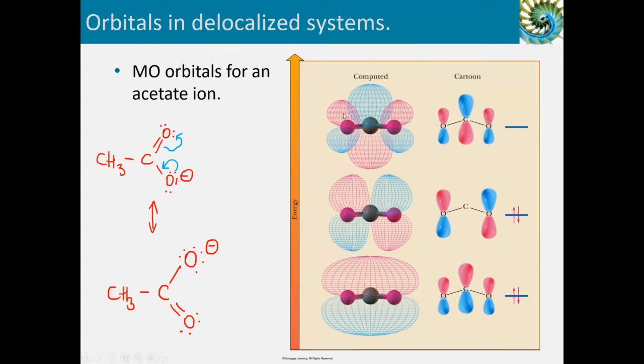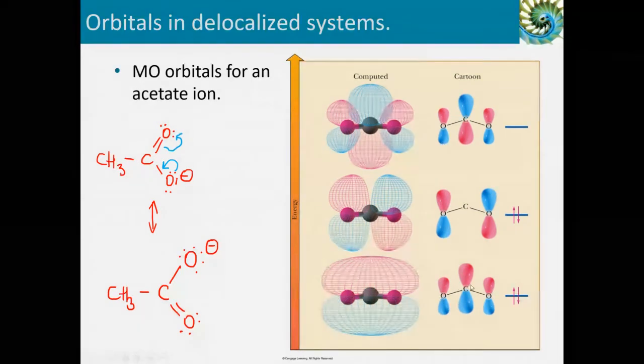So if you look at this particular acetate ion, you have to have the p orbital on oxygen, carbon, and another oxygen. And this is what you see drawn at the bottom.